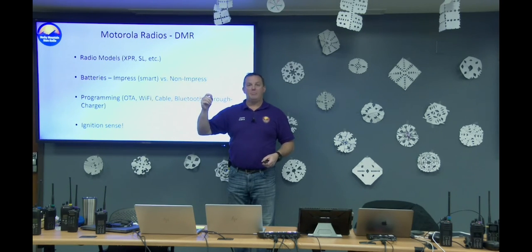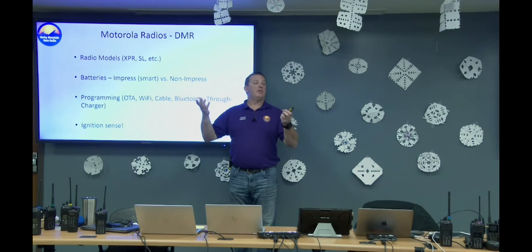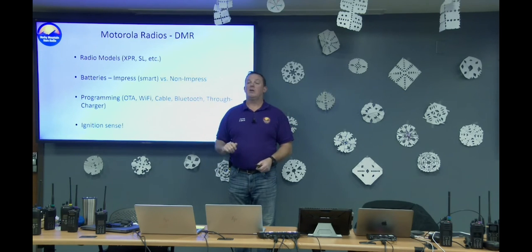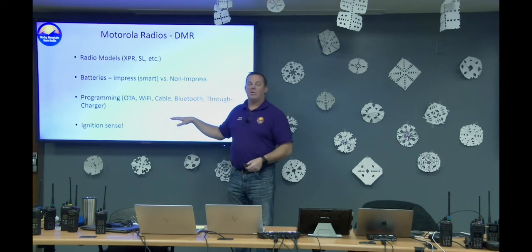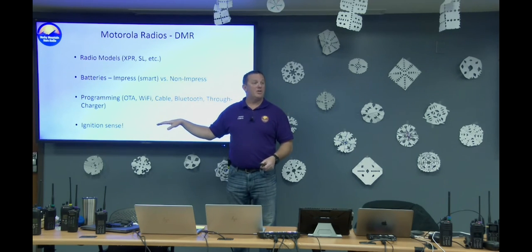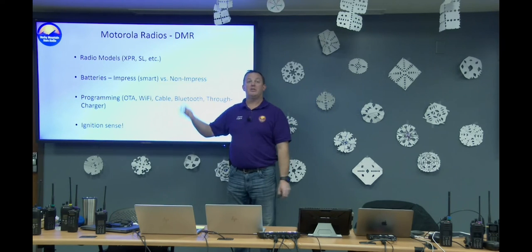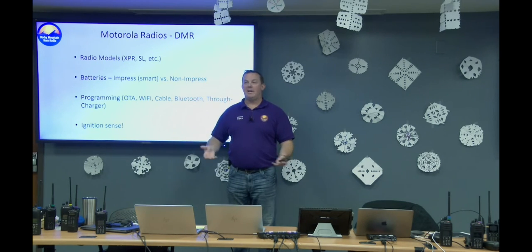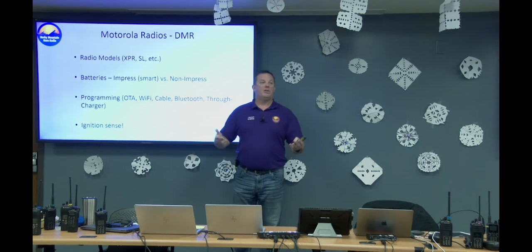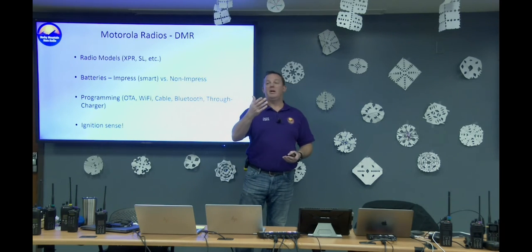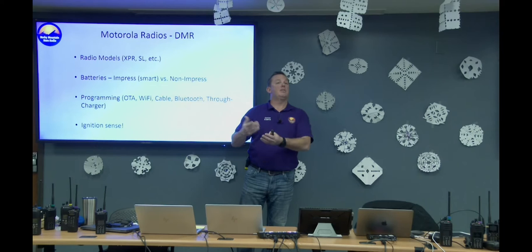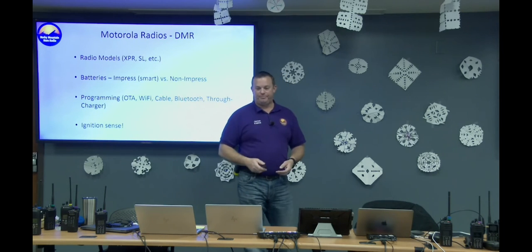And if it's programmed to require ignition sense, what ignition sense is, is a line that turns the radio on with your ignition and off with your ignition in your car. And if ignition sense is programmed on exclusively, the radio will not turn on even with 12 volts on and the power switch on until that ignition line is brought high. So a lot of folks are like, I had a dead radio. And all they really need to do is bring the ignition line up. Then you can go in and change the programming to operate a different way if you like.